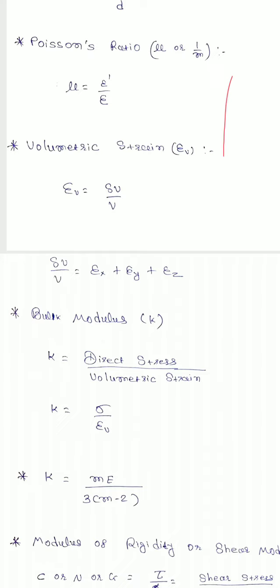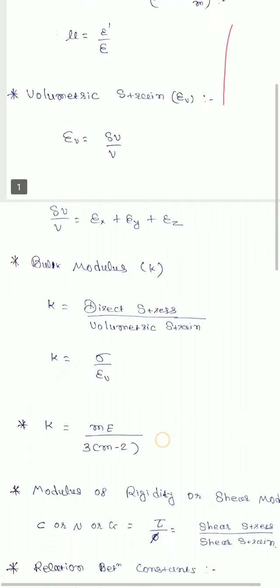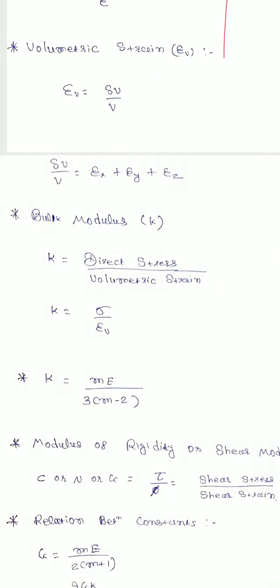It is delta V upon V. Now the relation between bulk modulus, Poisson's ratio and Young modulus is K is equal to mE upon 3(m minus 2).